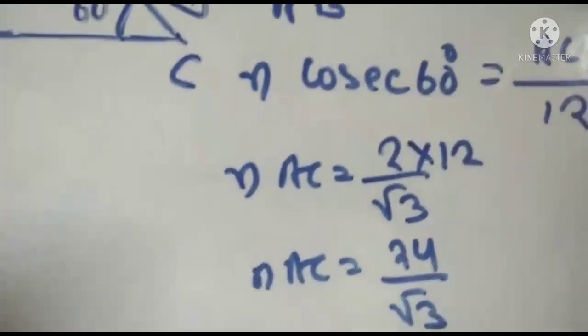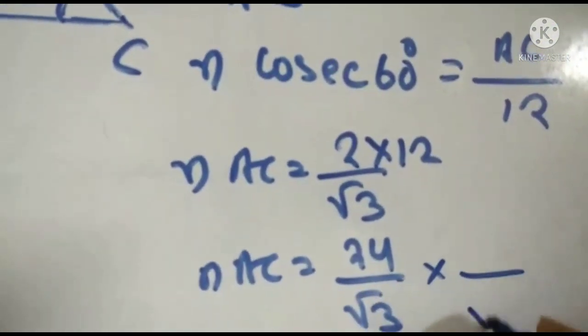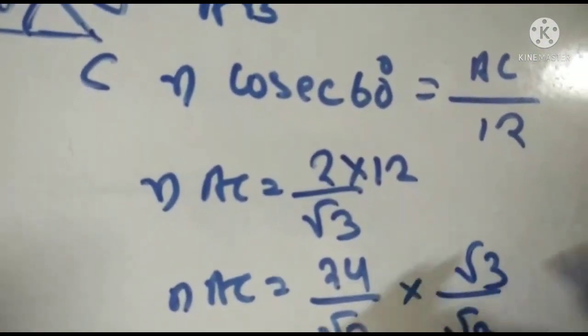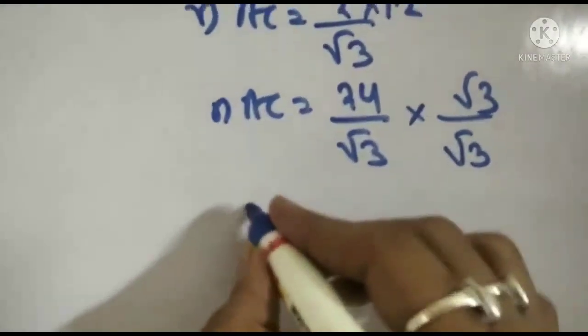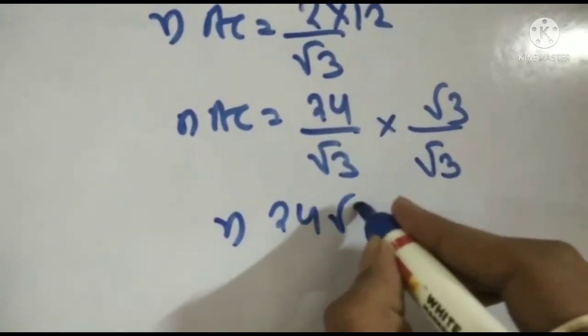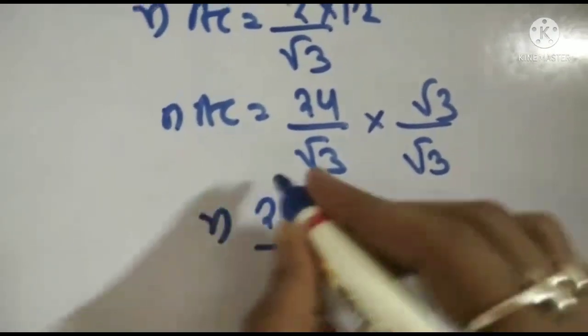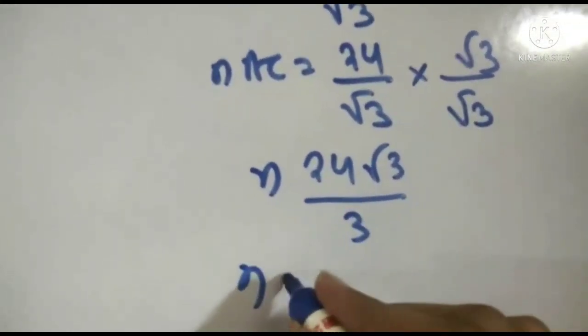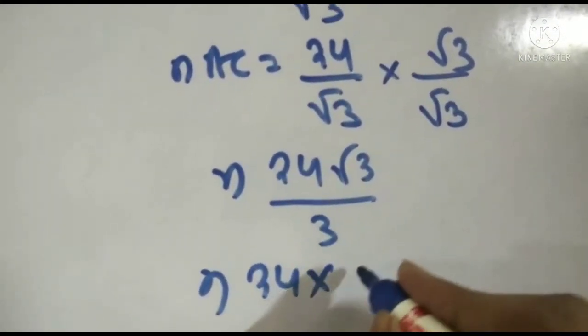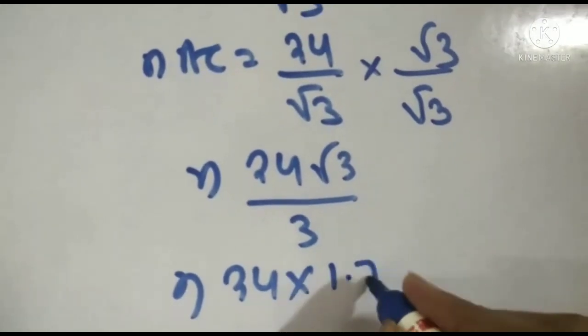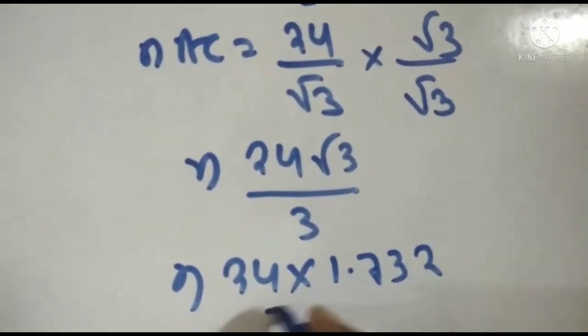How to rationalize the denominator? You have to multiply by root 3 in the denominator and also root 3 in the numerator. This way we do the rationalization process. Now see, 24 root 3 divided by 3, root 3 into root 3 will be 3. So 24 into root 3, the approximate value of root 3, you remember, is 1.732, divided by 3.